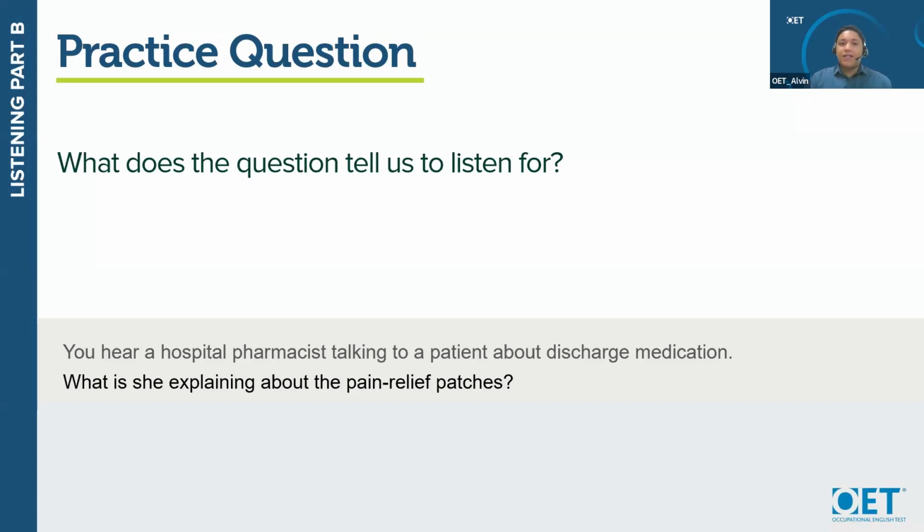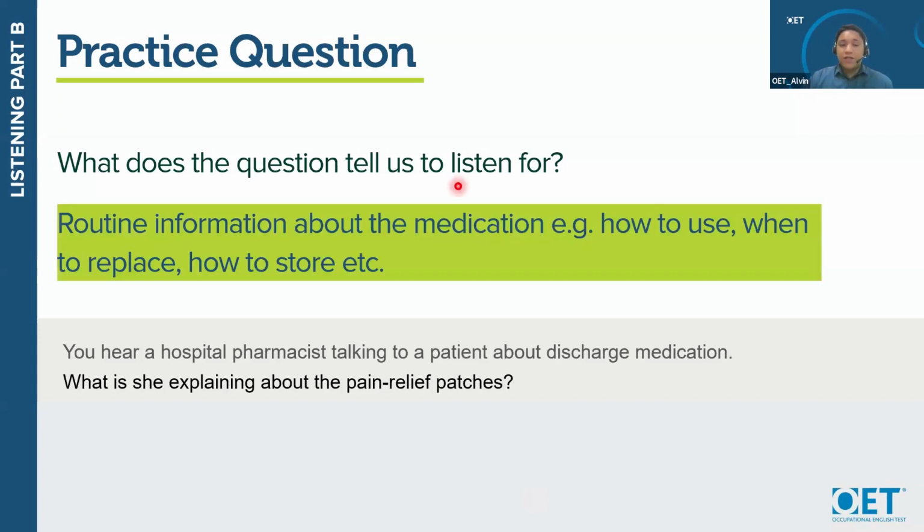Time's up. Any answers? I think Dungchin answered earlier for context, medicine usage. Yeah, I think that was a perfect one as well. So for the question part, could you try to share your answers to us? So the answer here is, the question tells us perhaps about routine information about the medication.